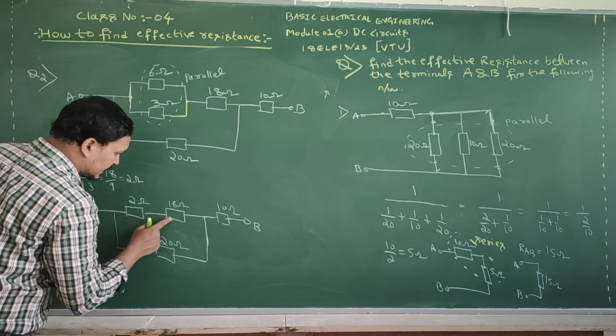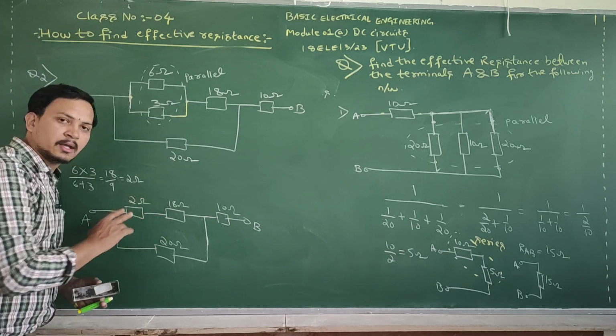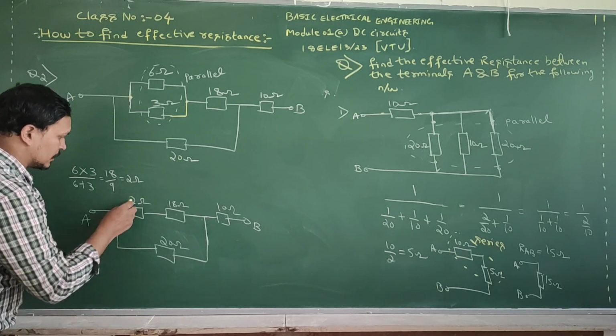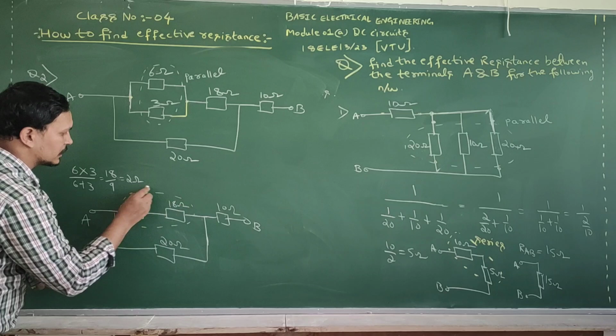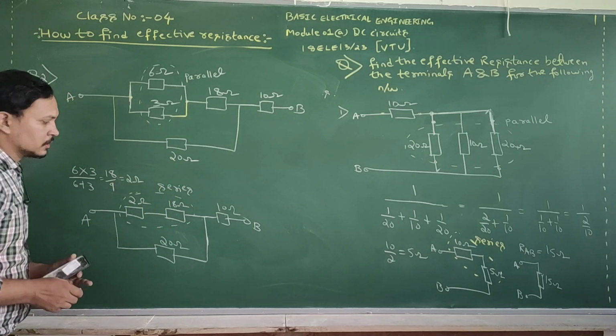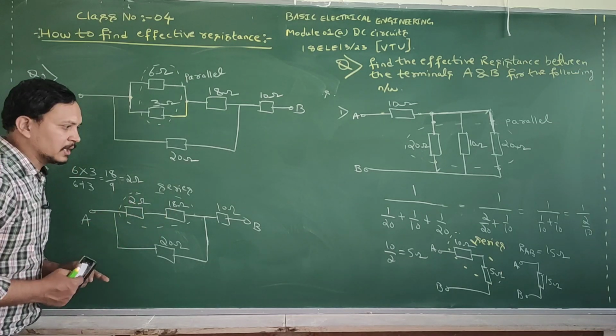Now is there any disturbance between 2 ohm and 18 ohm for end-to-end connection? No disturbance. Therefore, you can add the resistor values. So you can write that these two are connected in series. Series means addition of the resistances: 18 plus 2, 20 ohms.